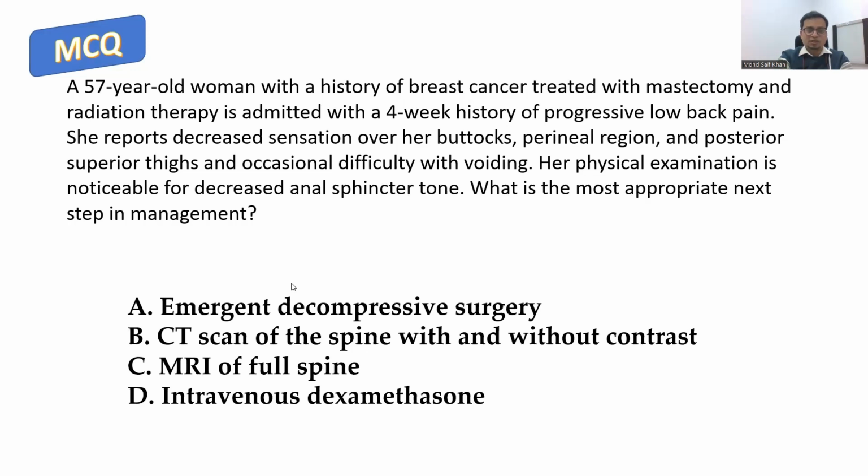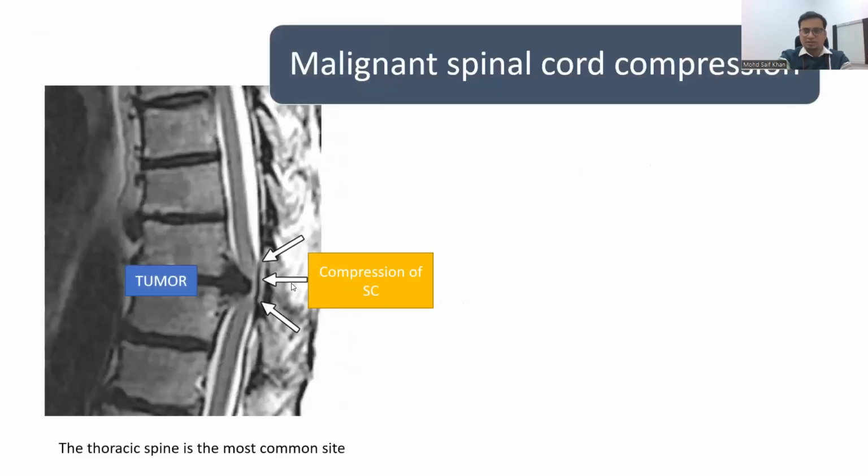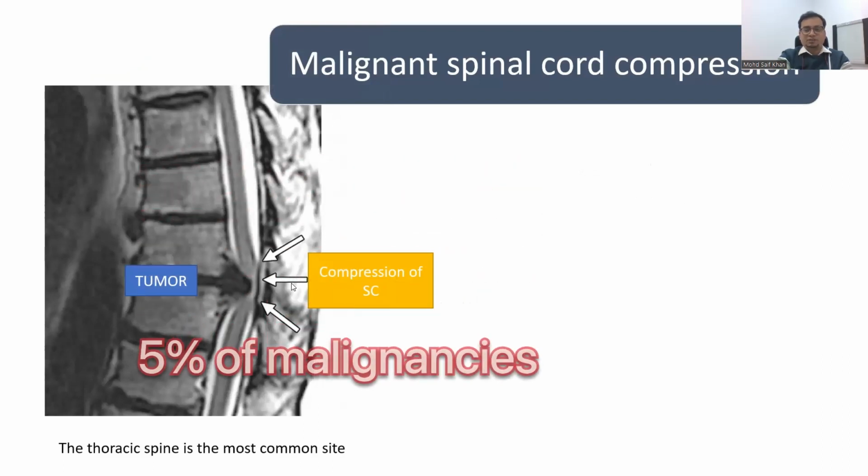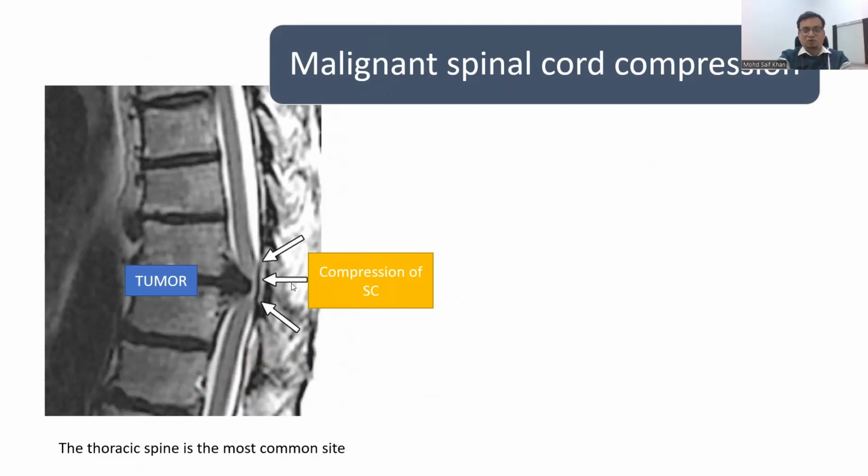So by now you must have understood that this is the case of malignant spinal cord compression. So that is another compressive oncological emergency which may occur in up to 5% of malignancies, especially in the late stages. Okay, and thoracic spine is the most common site of metastasis and involvement of spine, which can lead to compression.